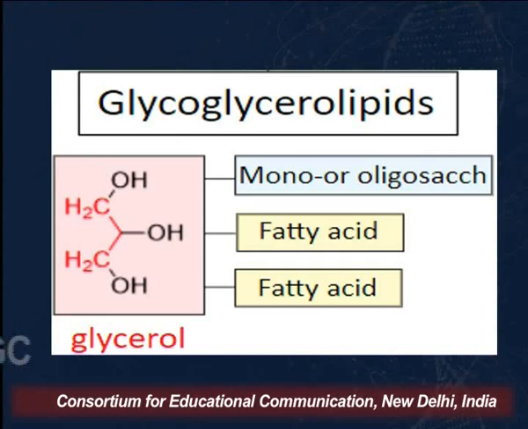And then what you have to remember is that these two groups will of course be attached to fatty acid, that is, you'll get an acyl bond here, you'll get an acyl bond here. And now this OH can be attached, that is, we'll get a glycosidic bond here between a monosaccharide or an oligosaccharide. And then what we'll get is a glycoglycerolipid.